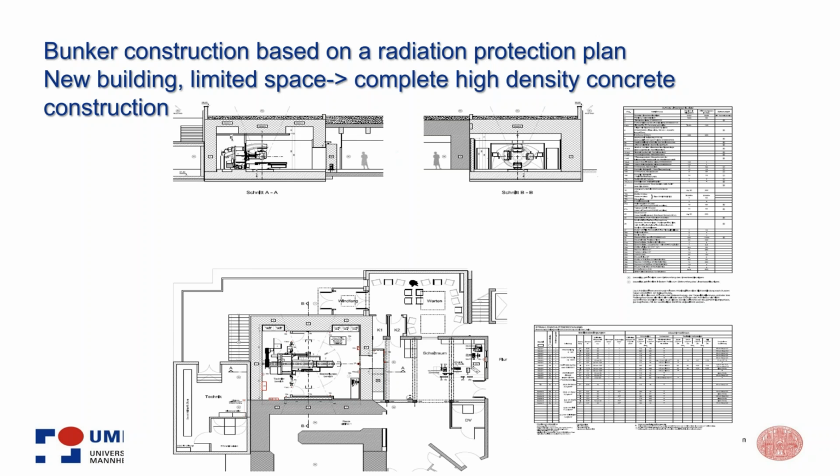The door weighs 20 tons, but for this bunker we had no alternative. Because the space was limited, we built the whole bunker out of high density concrete. So the investment was in high density concrete, and we minimize the dimensions for the shielding.